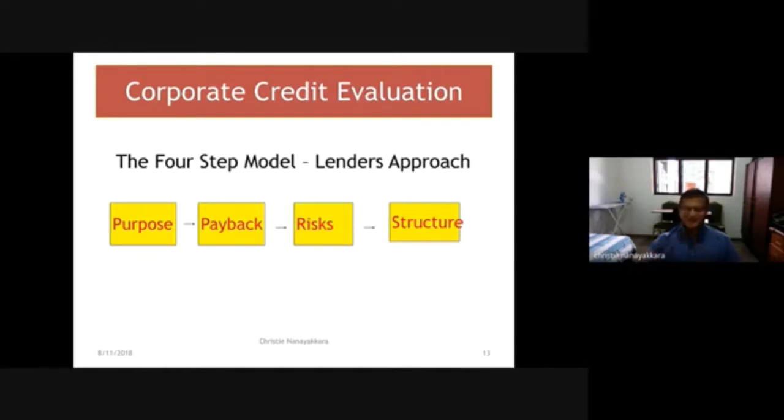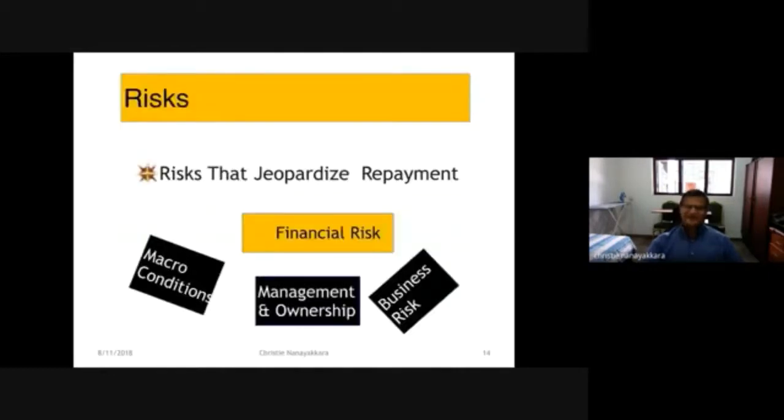So we'll go into this particular fund, the risks that jeopardize repayment. These are the risks the customer faces. Like us, they also face financial risk. They also face some kind of, they call it, business risk. They also have risk of management and ownership.